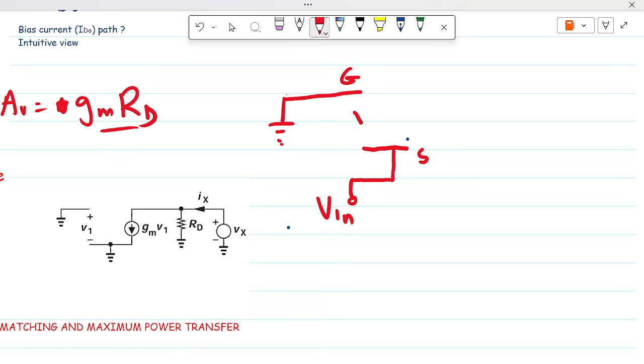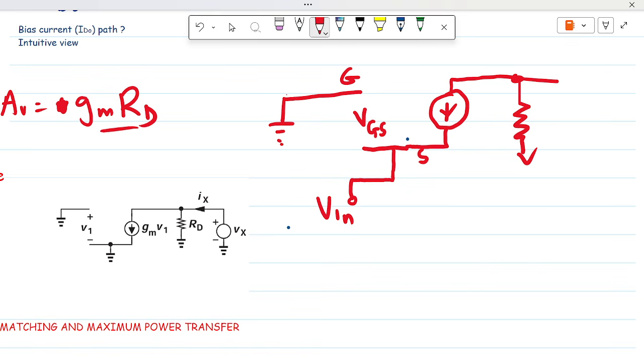So you have V1 or VGS, which is controlling the current flowing through the drain. So this becomes our RD and our output voltage Vout.